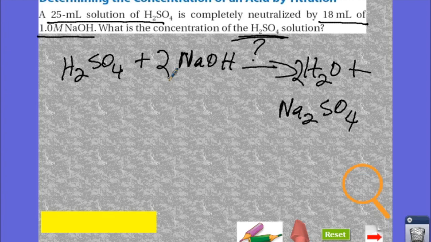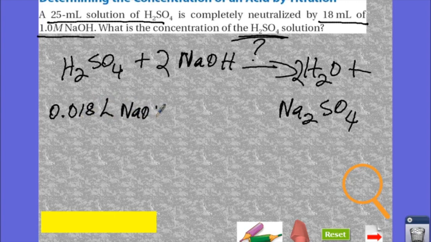They gave me the volume and the molarity of the base, so I can find the moles of the base. So I start with 18 ml. Why don't we change it to liter? Let's change it to liter.